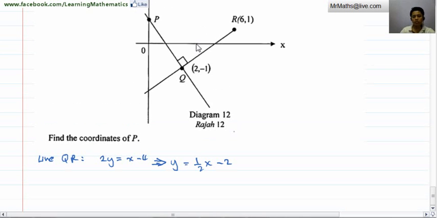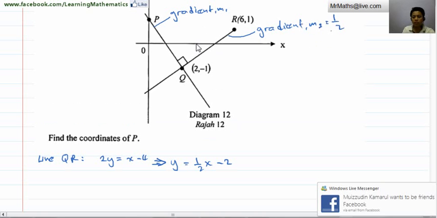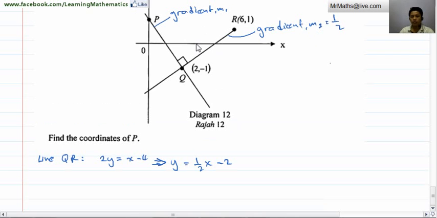Let's take a look at these two lines. These two lines are perpendicular, so this gradient I call M1, and this gradient I call M2, which is 1/2.